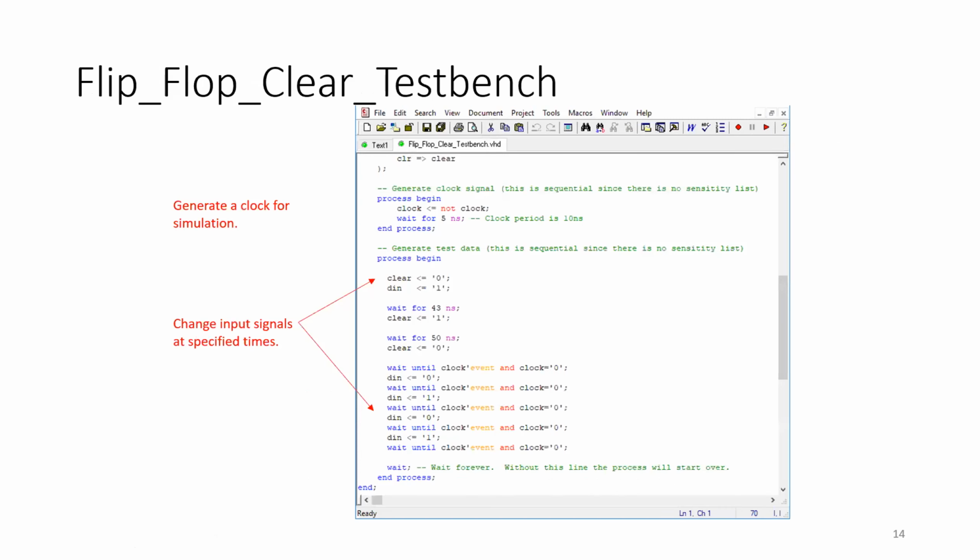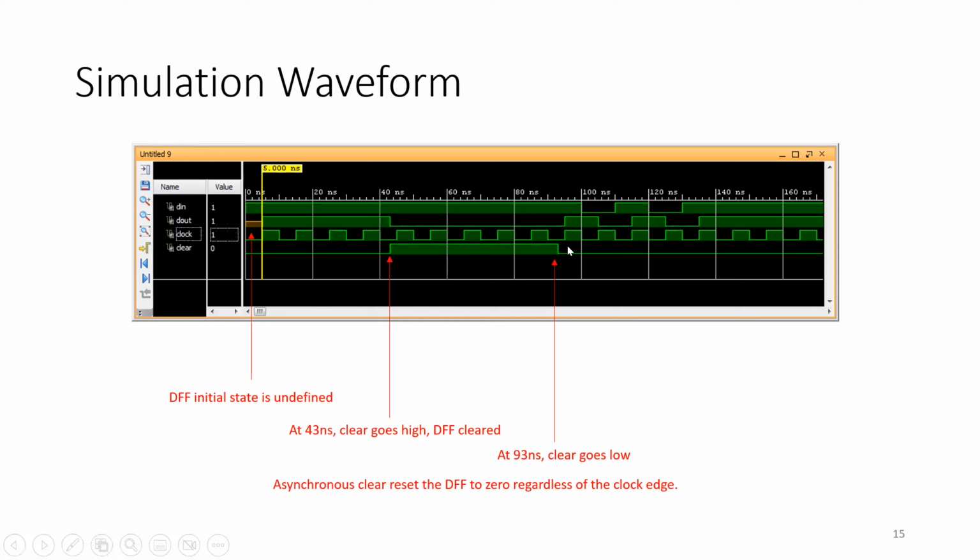For how long will it be 0? It says wait for 50 nanoseconds. So 50 plus 43 is 93. After that, I have my D flip-flop ready to respond to the input in accordance with the clock.